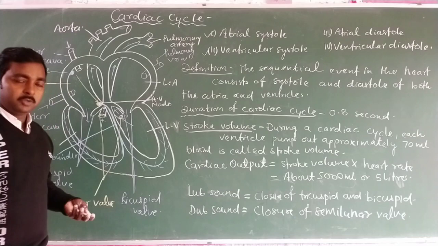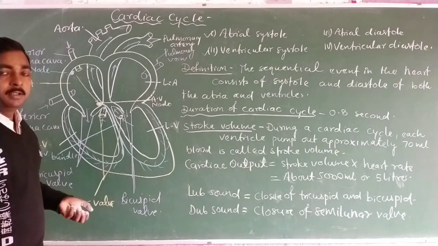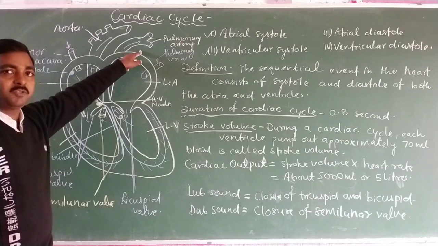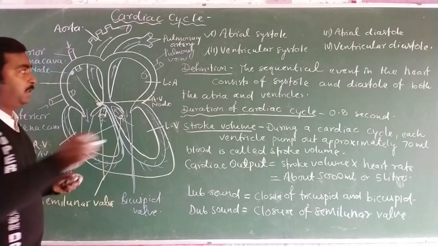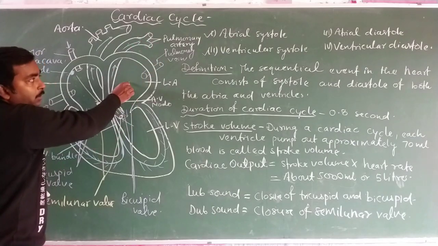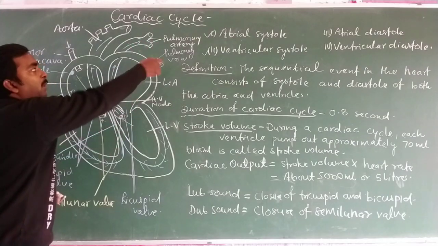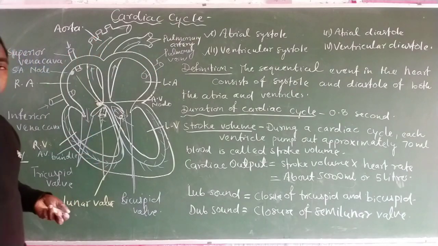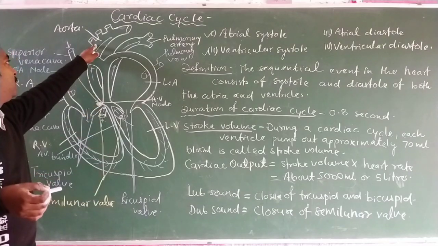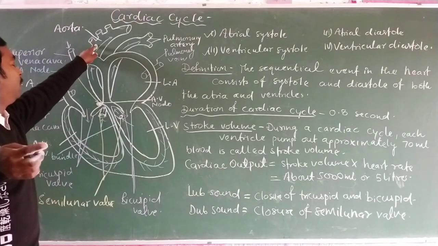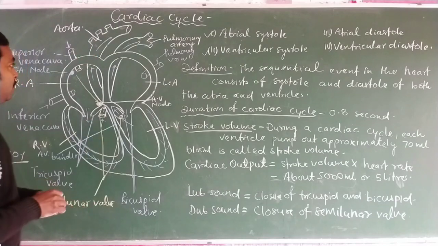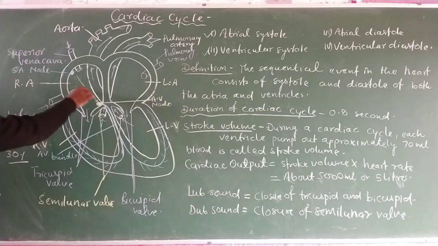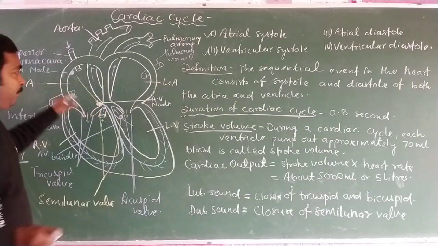After oxygenation of the blood from the pulmonary artery at the base of the lungs, the oxygenated blood again comes into the left atrium through the pulmonary vein, and from there the blood, which becomes deoxygenated, is carried to all parts of the body through the aorta. This deoxygenated blood is again collected from the superior and inferior vena cava into the right atrium.